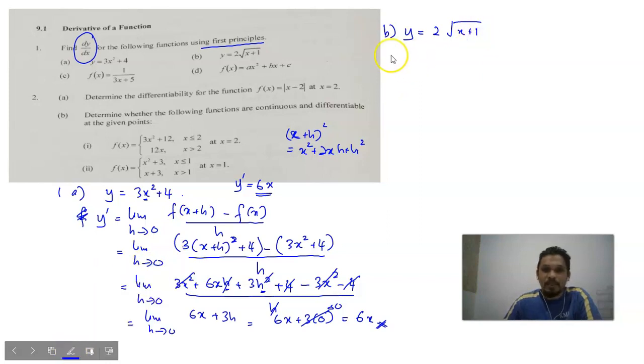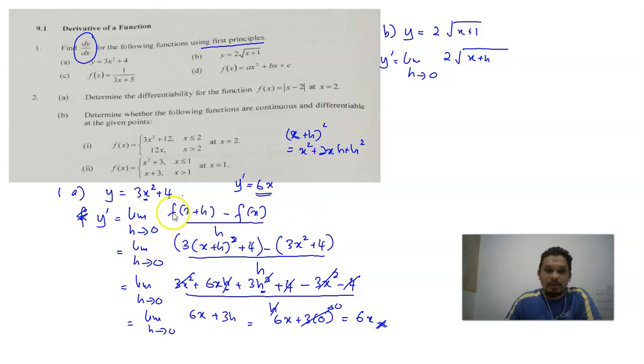So then y prime equal to the limit of h approaching 0 of 2 square root of (x plus h) plus 1. Okay, the function f with variable x plus h, so that x plus h plus 1, minus f(x), 2 square root of x plus 1, and everything divided by h.